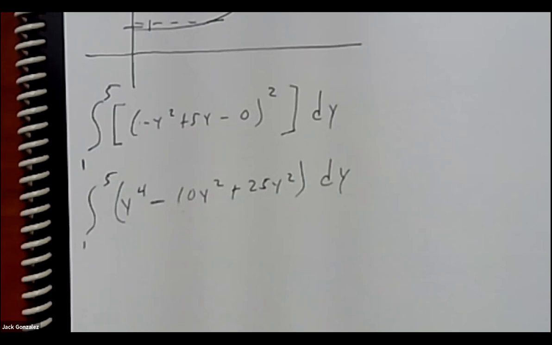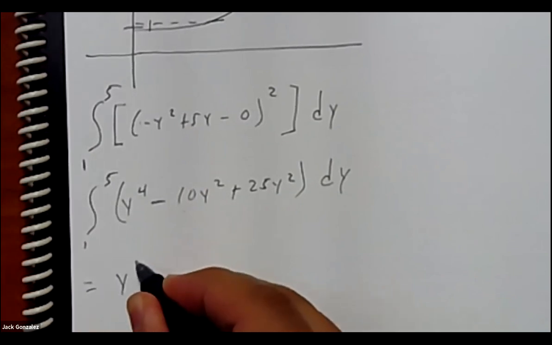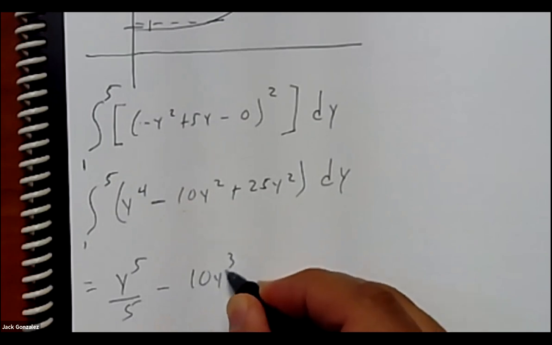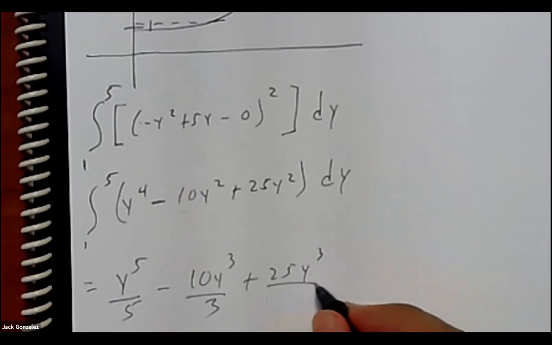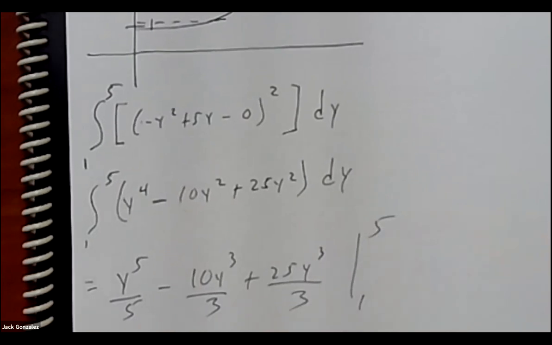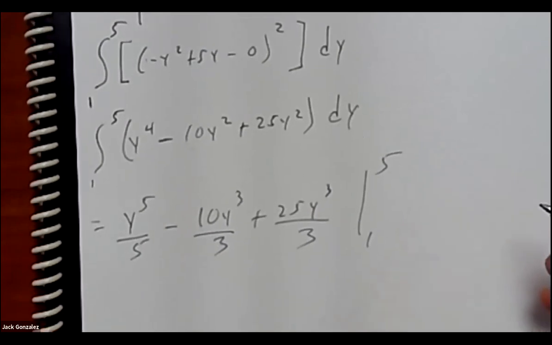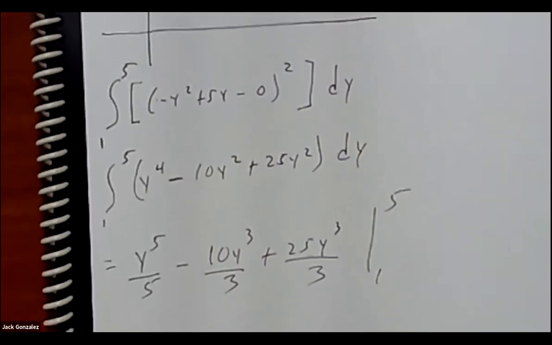So at this point, just term by term integration. We're done. So y to the fifth over 5 minus 10y cubed over 3 plus 25y cubed over 3 from 1 to 5. Plug in all those numbers and eventually some ugly garbage. But I did forget something. Do you see what I forgot?